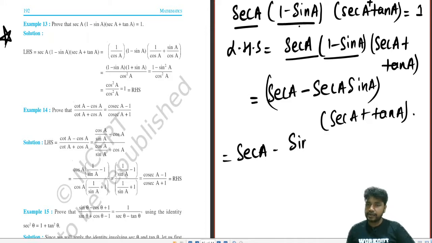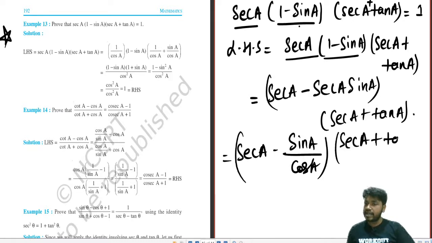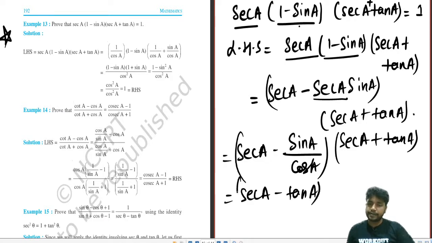This will become sin A by cos A, because sec A is the reciprocal of cos A. So see, you are dealing with every aspect of it. Just now we have used a step that sec A is equal to 1 by cos A. Now sin A by cos A is what? Sin A by cos A is tan A. This will remain intact as it is. We will not simplify it.